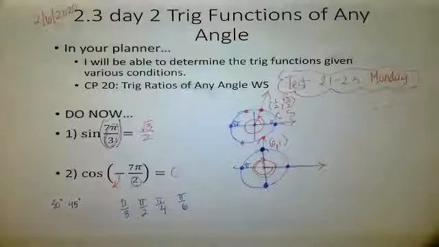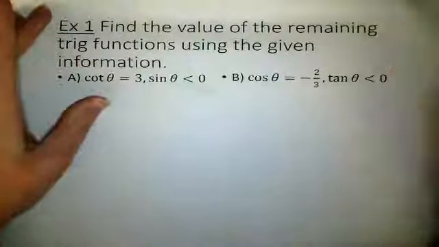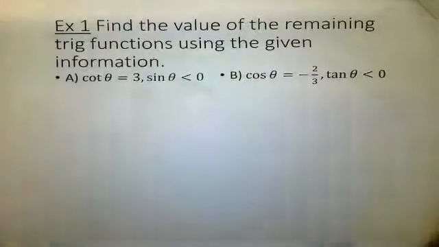So draw those angles. Know your unit circle. There you go. Example 1. Find the value of the remaining trig functions using the given information. This is exactly what we did yesterday. We got more of it today.